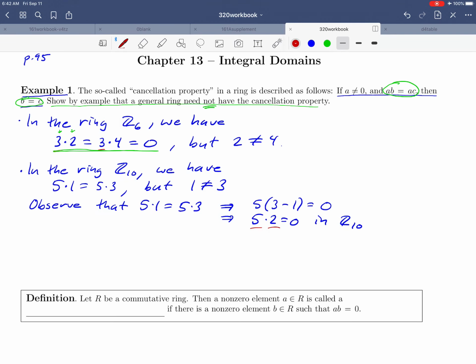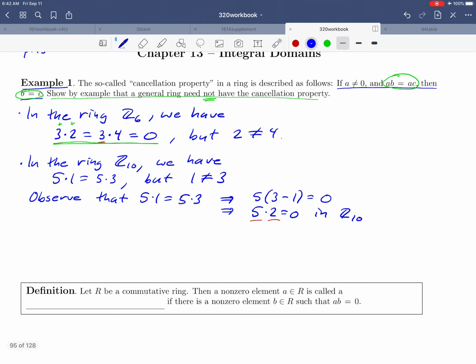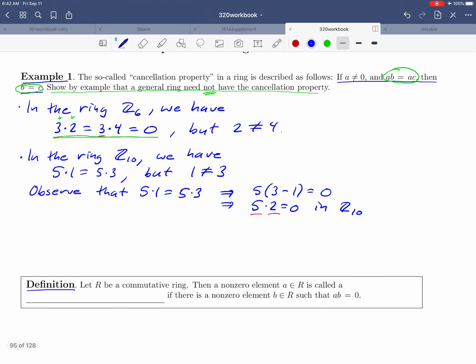As a result of this behavior that we're seeing in these two rings, we're going to make a definition. So we'll start with a commutative ring. Let's read this together and fill it in. Then a non-zero element A in R is called a zero divisor, that's our new term, if there is another non-zero element B such that AB equals 0.